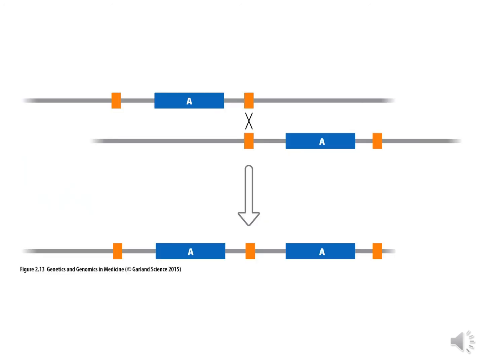Tandem gene duplication. Gene duplication can occur after sister chromatids or non-sister chromatids of homologous chromosomes mispair so that they are slightly out of alignment. In this example, the result is that gene A on one chromatid is out of register with gene A on the opposite chromatid.